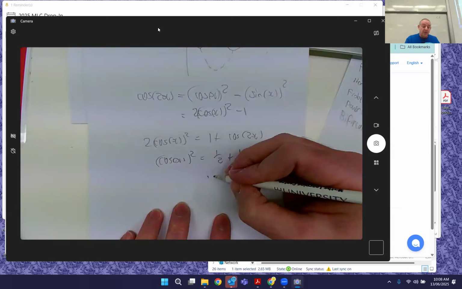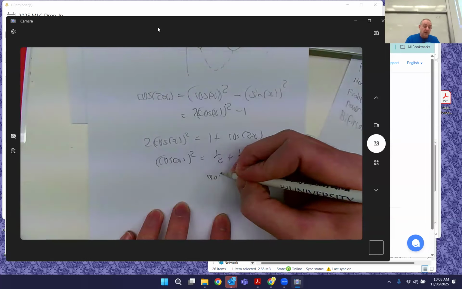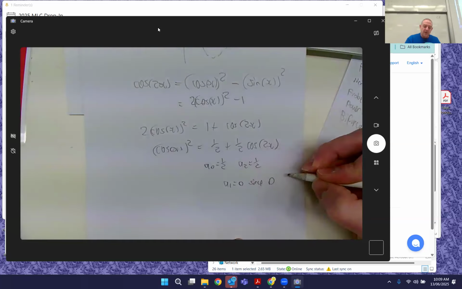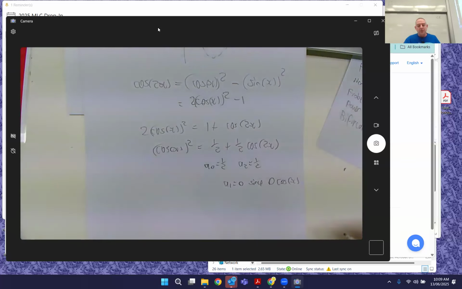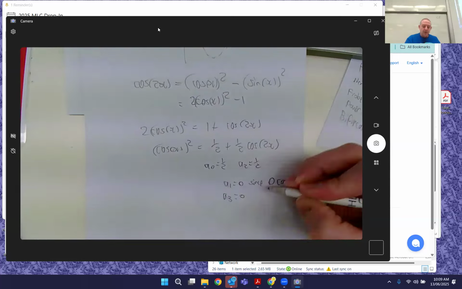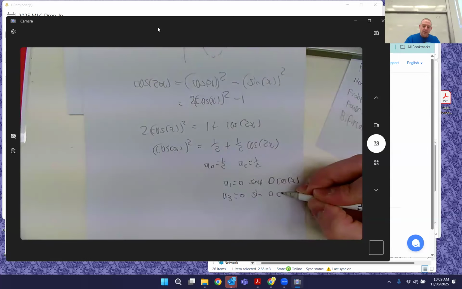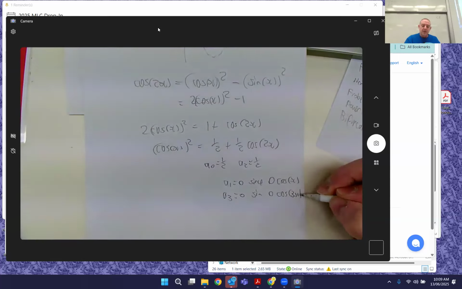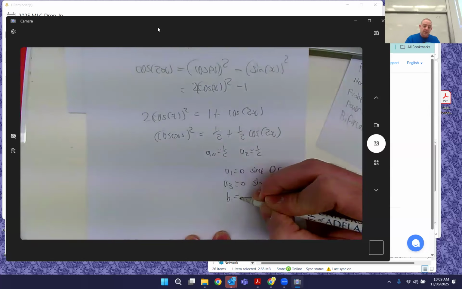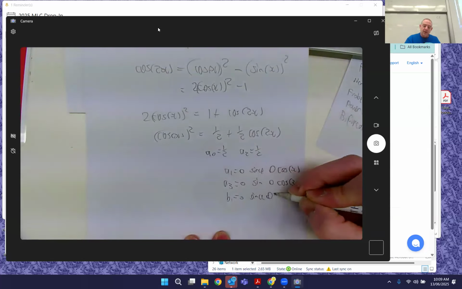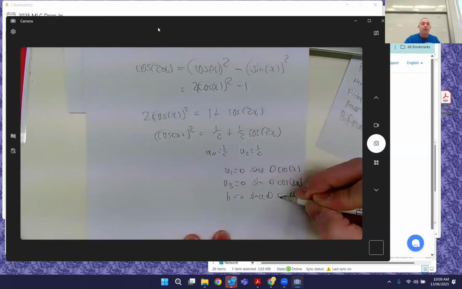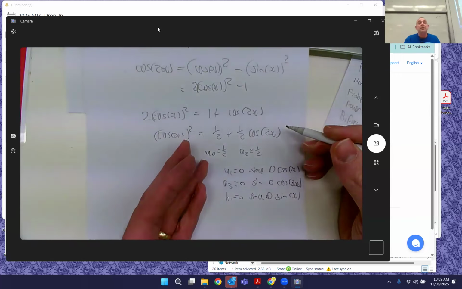My coefficient A0 is a half, and my coefficient A2 is also a half. And the coefficient A1 is 0 if we don't have any cos of x's. And the coefficient A3 is 0 since we don't have any cos 3x's. And the coefficient B1 is 0 since we don't have any sine x's, and so on. This is a Fourier series.